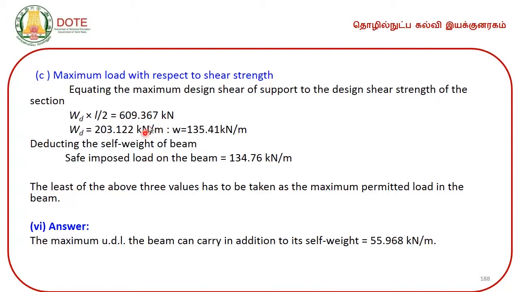Equating the design shear strength and the design shear force, the load is found to be 203.122 kilonewton per meter, and dividing this value by partial safety factor, the safe load on the beam is found to be 135.41 kilonewton per meter. And again, deducting the self weight of the beam, the safe imposed load on the beam is found to be 134.76 kilonewton per meter.